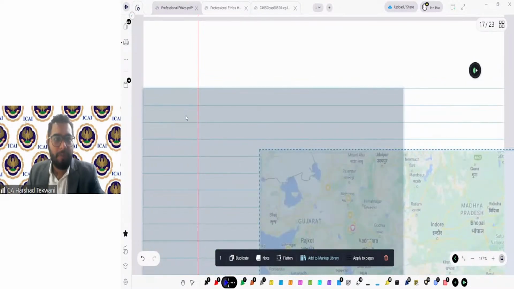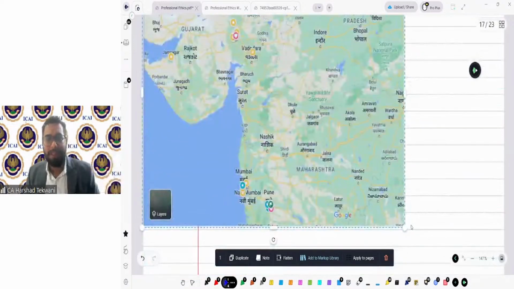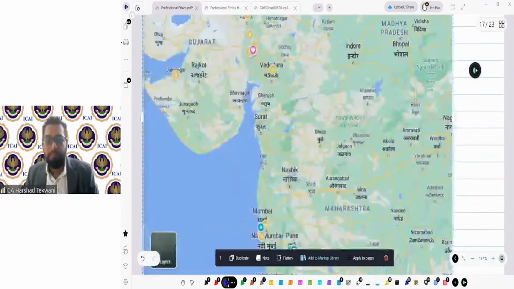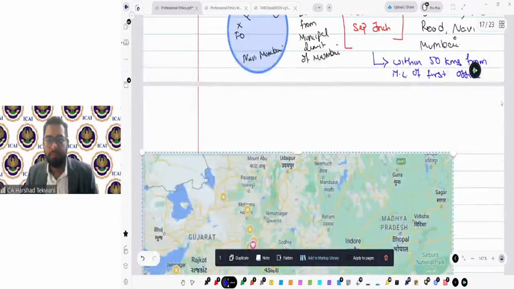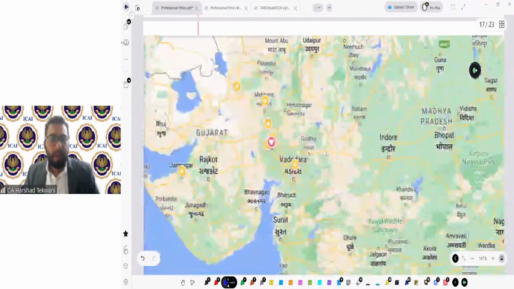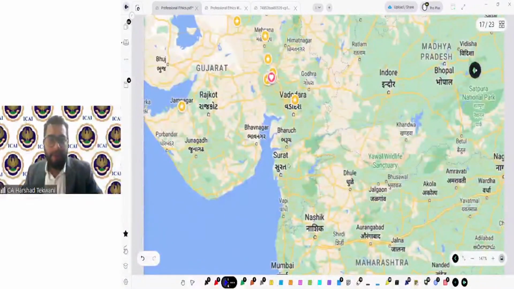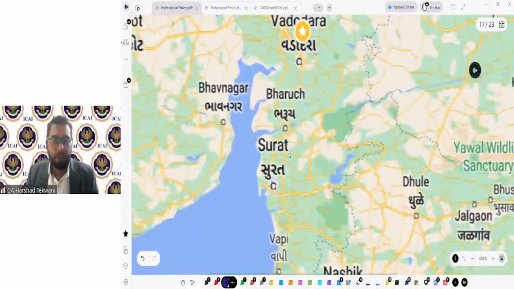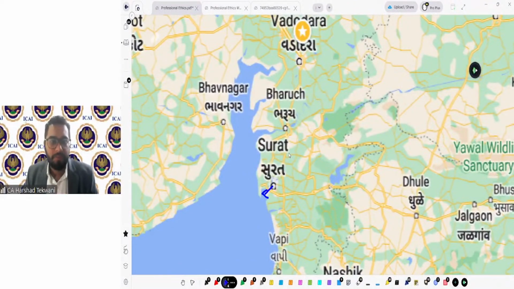Let's discuss in terms of maps only so that you will be able to understand more efficiently. Let's say, for example, I have one office somewhere in Surat. Hypothetical example. Here is my first office.